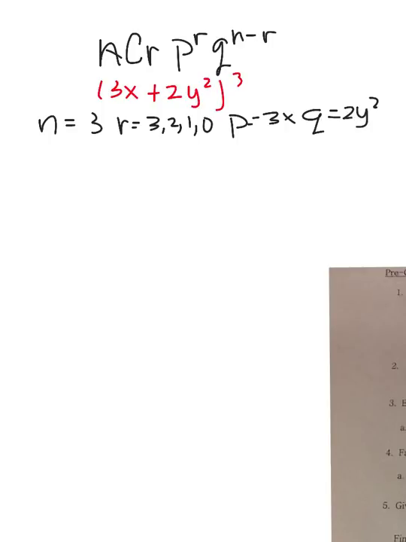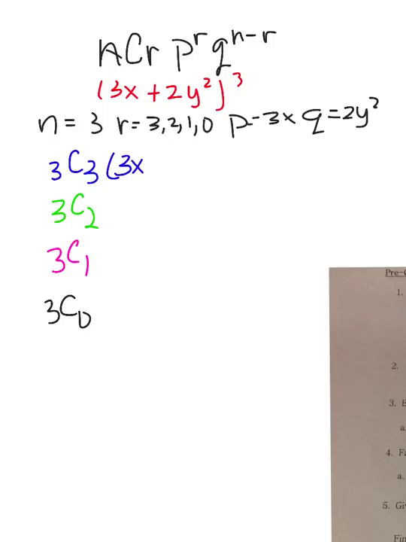Okay, so we're going to start with 3C3, and then we'll do 3C2, 3C1, and 3C0. And then P is 3x, so it's (3x)³, (3x)², (3x)¹, and (3x)⁰.